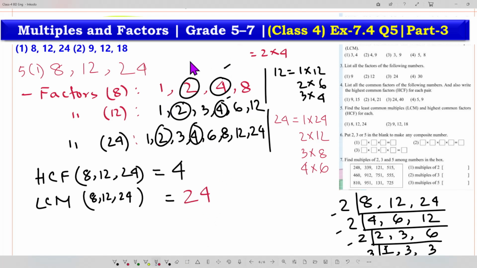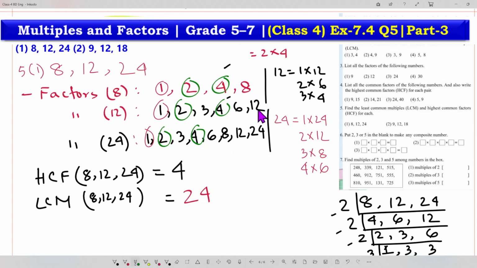But here we already found the factors, so from here also we can find out the LCM. How? Look, first we find the common ones. 1, 1, 1 is common. Next, 2, 2, 2 is common. Then 4, 4, 4 is common. Then here is 8, but 8 is not in the others.